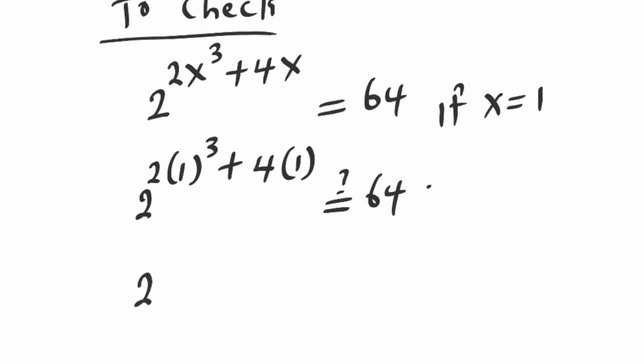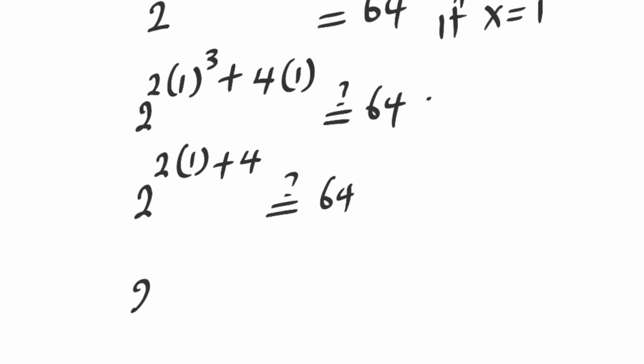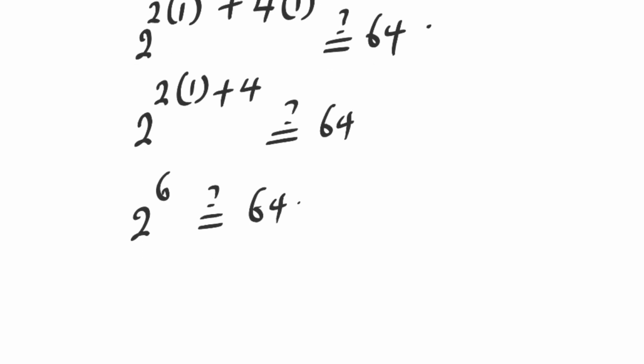This is 1 plus 4 multiplied by 1, that is 4. Now this is 2 raised to power 2 times 1, 2, plus 4, that is 6, must be equal to 64. And of course, 2 raised to power 6, this is 64, is equal to 64, which is true.